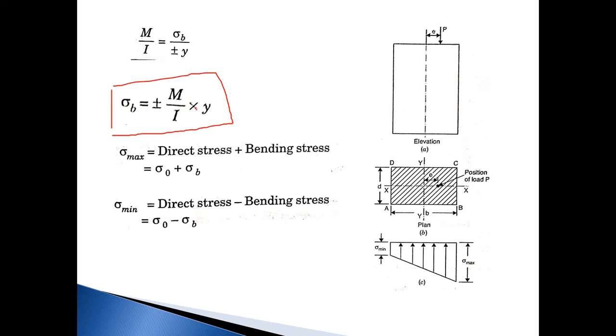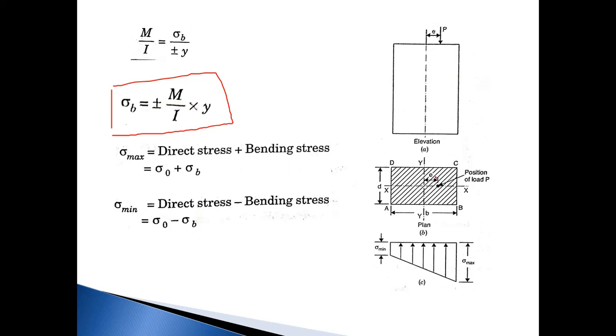So the maximum stress in the section is sigma max is equal to direct stress plus bending stress, that is sigma 0 plus sigma B. Then sigma minimum is direct stress minus bending stress, that is sigma 0 minus sigma B.